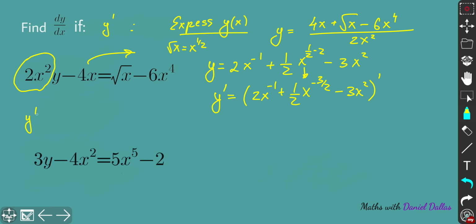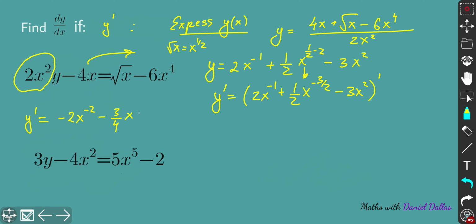So y prime, in this case, is going to be equal. So using the sum rule of differentiation, we'll get 2 negative 2x negative 2, okay? Next, 1 over 2 and negative 3 over 2 will get negative 3 over 4. In this case, I just a little bit accelerated.